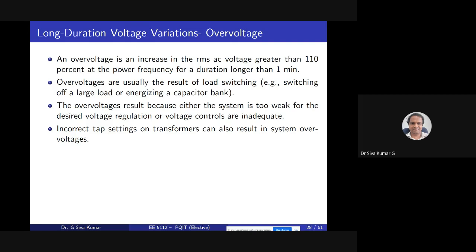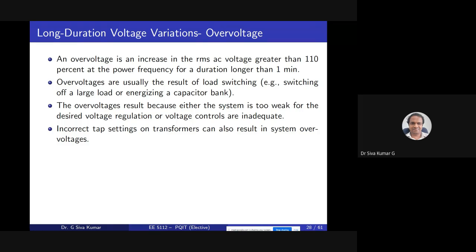If you allow these over voltages, what might be the problem? Is there any issue going to rise? Then it definitely, because every equipment has a specified voltage limit to have a satisfactory performance.